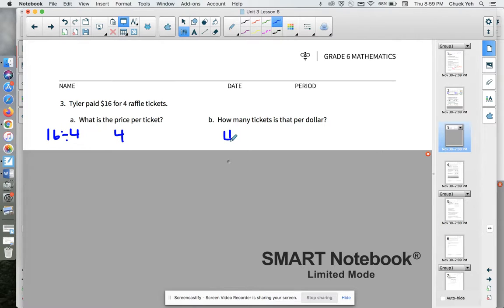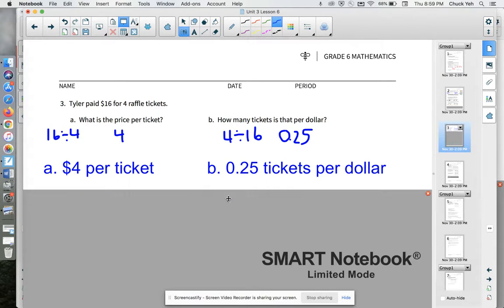So 4 divided by 16 is about a quarter. So 0.25. It's $4 per ticket, and there's about 0.25 tickets per dollar. So for every dollar, you get about a quarter of a ticket.